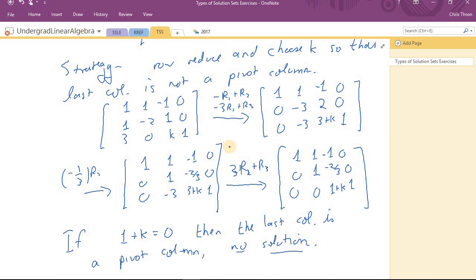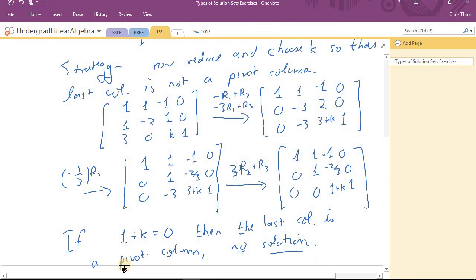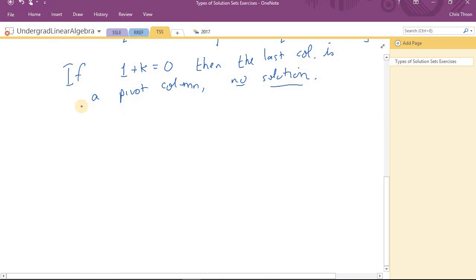Okay? Now, if 1 plus k is not 0, then this third column will be my pivot column, and I'm okay. So let me write that. So if 1 plus k is not 0, then the last column is not a pivot column.